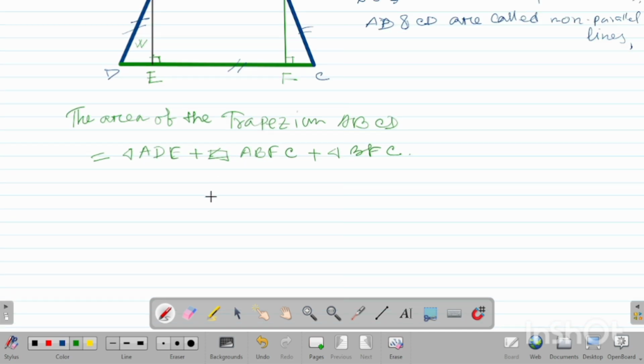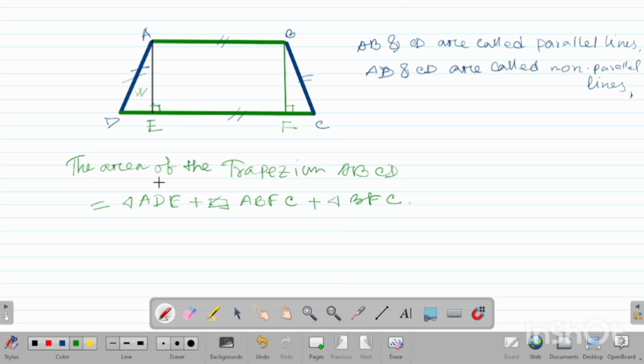We all know that the area of triangle ADE would be half of base into height.